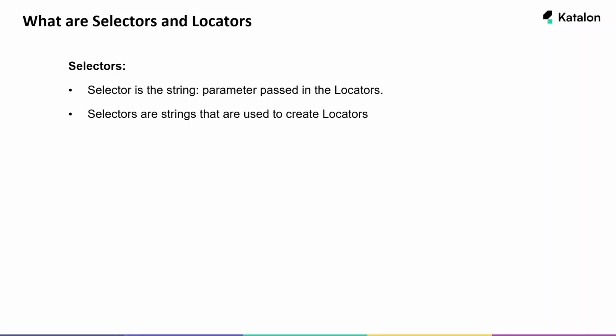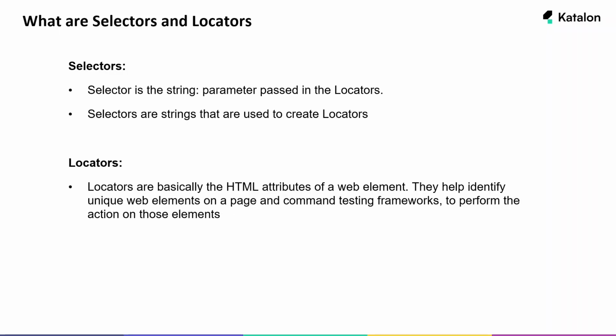Then what is a locator? Locators are basically the HTML attributes of a web element. They help identify unique web elements on a page to perform the action on these elements. So hope now we understand what are selectors and locators and why we need them to identify the web elements.